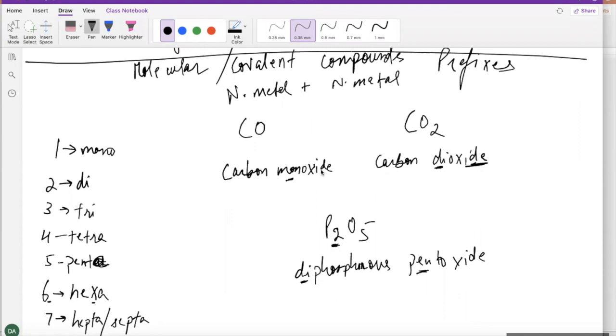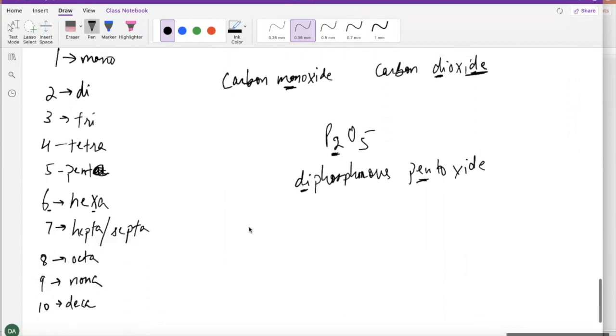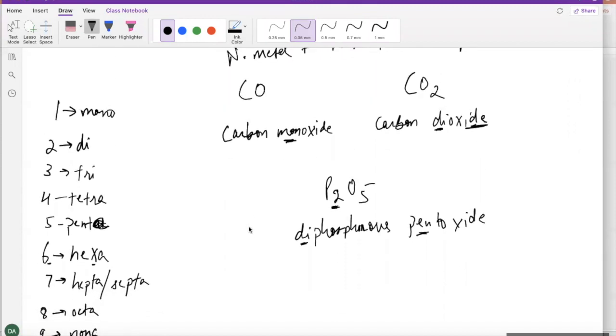So like you can see, you used mono for the second atom, but for the first atom, you never used mono. So guys, for prefixes, whether it's the first atom or second atom, you will always use a prefix, except when the first one is mono.